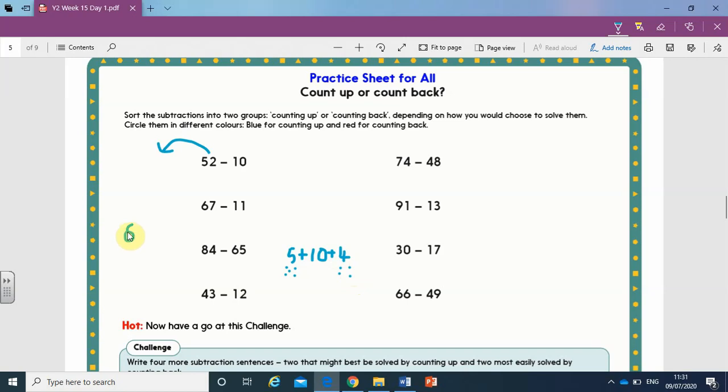You could do it as 84, take 65. If that's really what you find easiest, then fine. But again, on these examples, certainly this example, sorry, year 2, here I'll put equals 19.